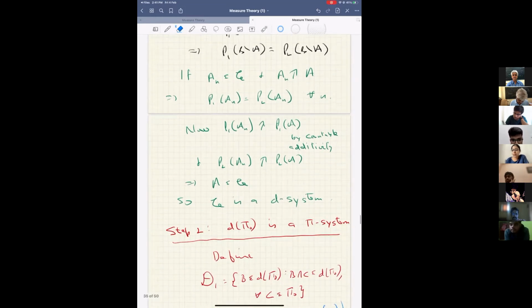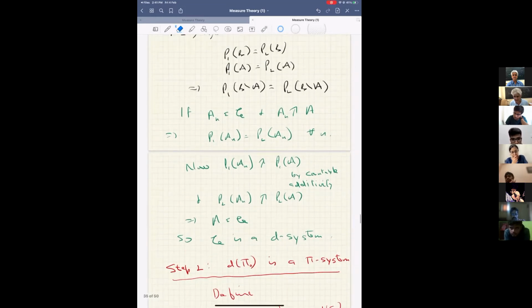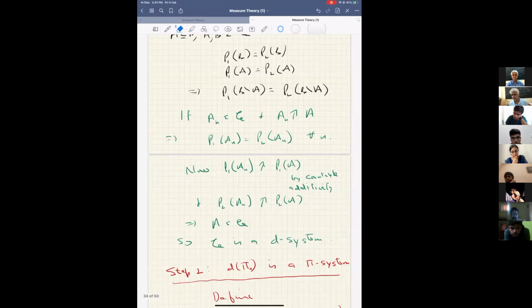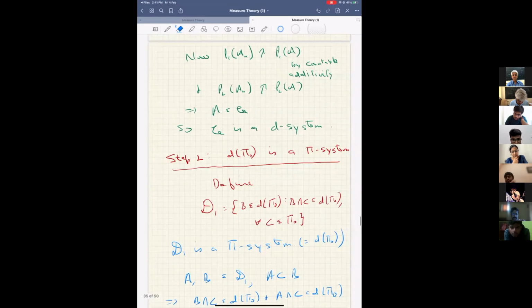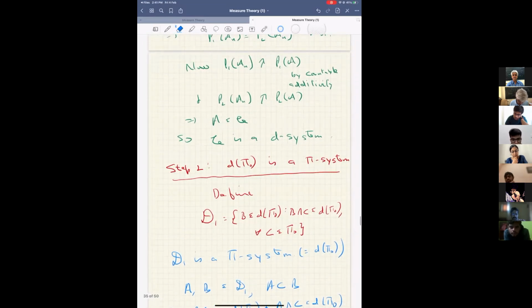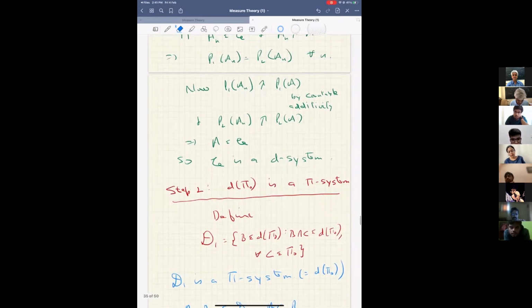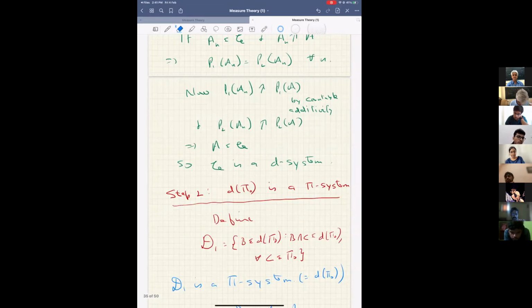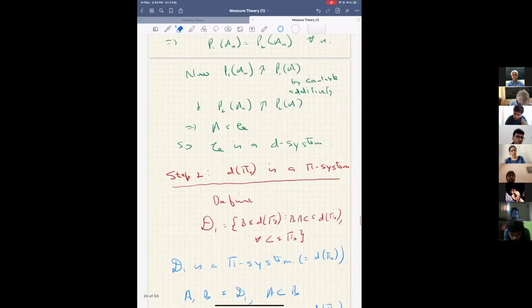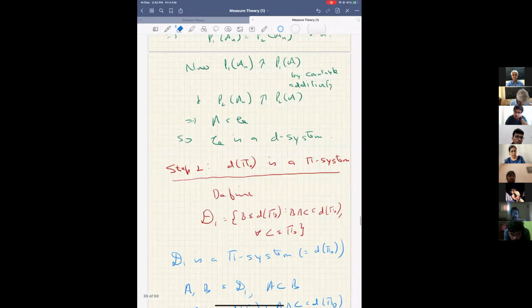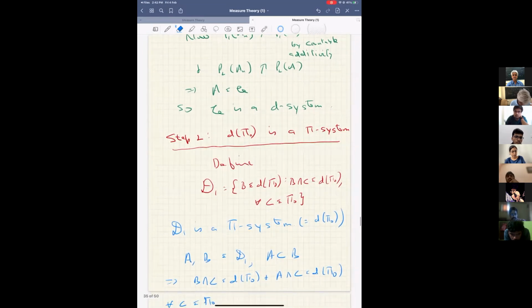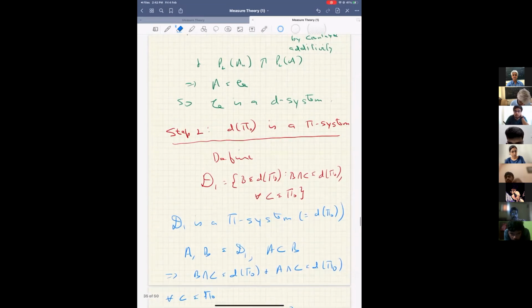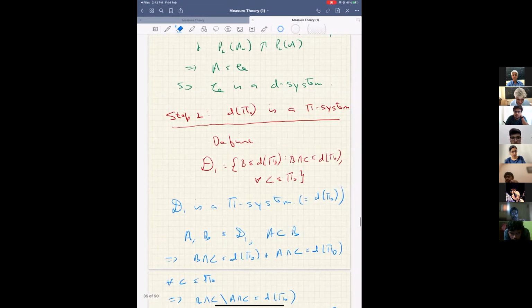All right, yeah, so our calligraphic C is a D system. Then we'll show that D of pi 0 is a pi system. I may have not put some steps in between now that I think about it. So D of pi 0 we'll show is a pi system.